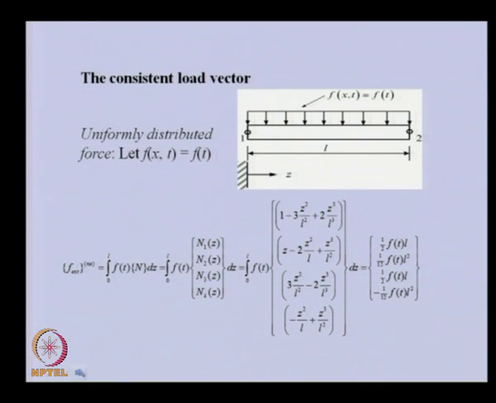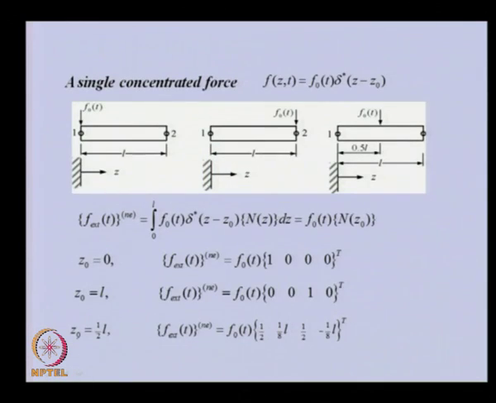Let us see some more cases. If we have a single concentrated force of this form at z is equal to 0, let us say for one case it is at node 1. We can substitute here, because it is acting at node 1, that means that z is equal to 0.